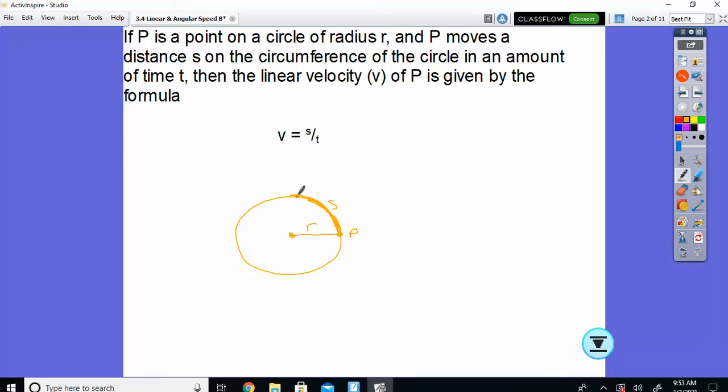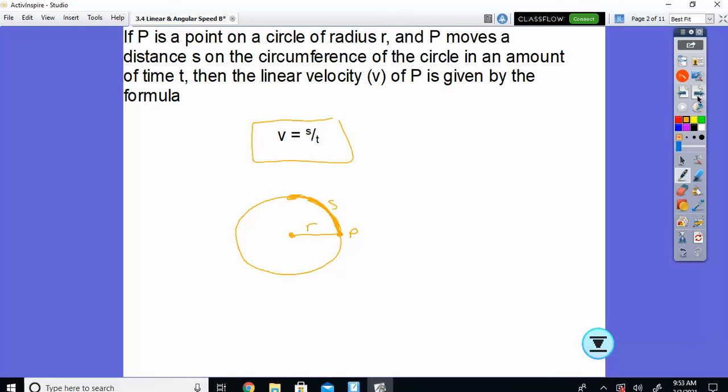So if point P moves this far, you can give me the speed of that point. So that's what the linear velocity is, linear speed, just how fast is that point moving. And to do that, just like any other speed, it's just distance divided by time. So linear velocity, we want the distance on the outside, so your distance is S divided by T. V is linear velocity, S arc length, as before, T is your time.